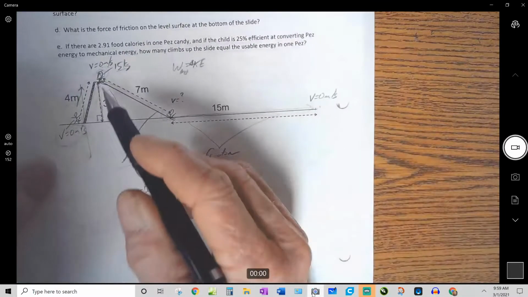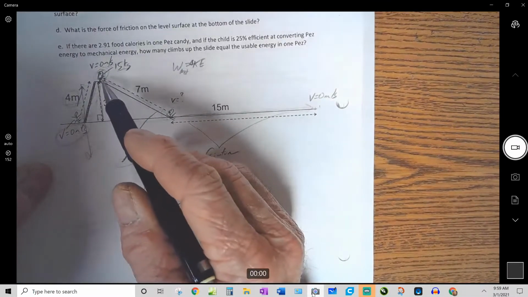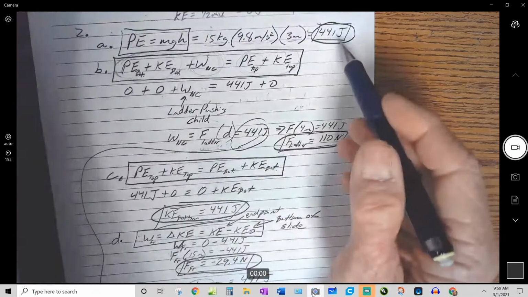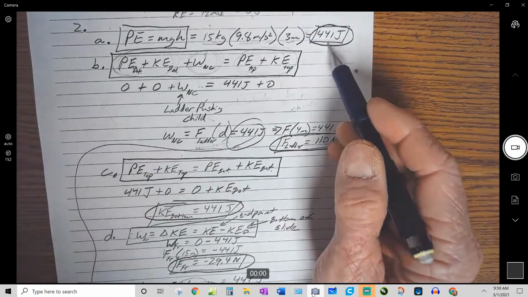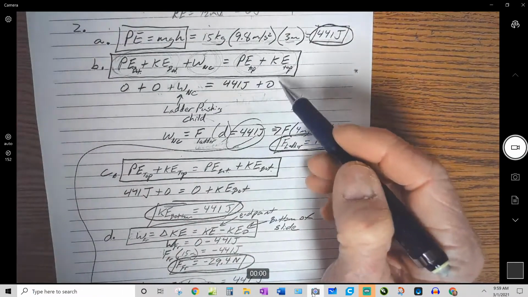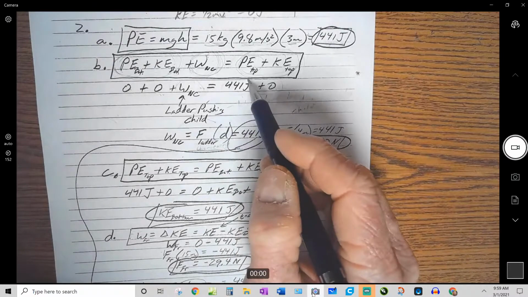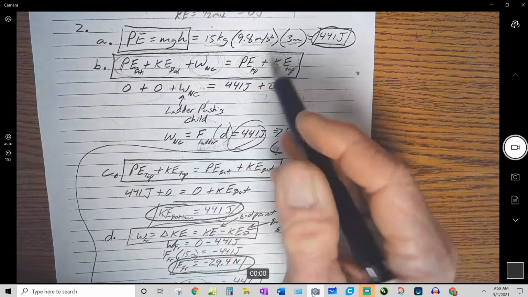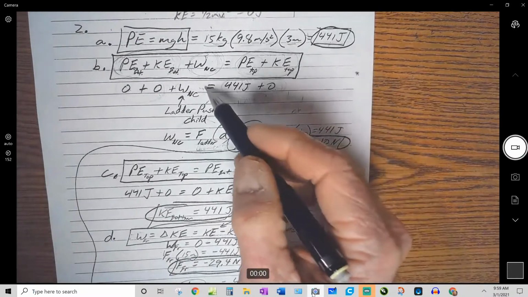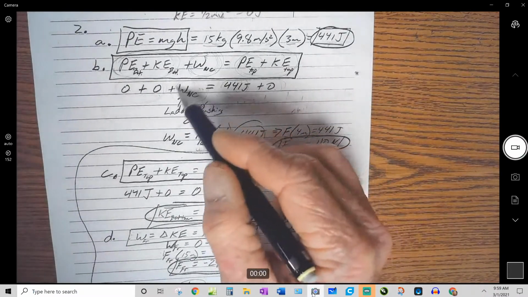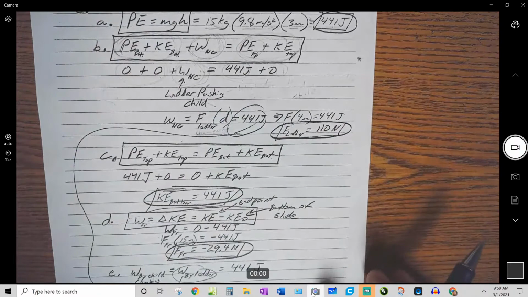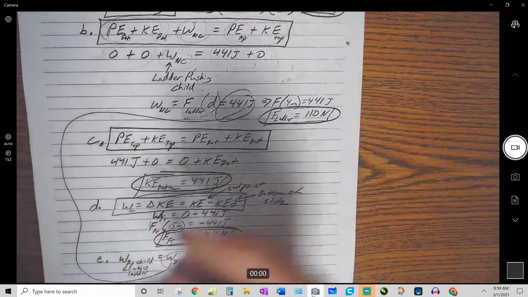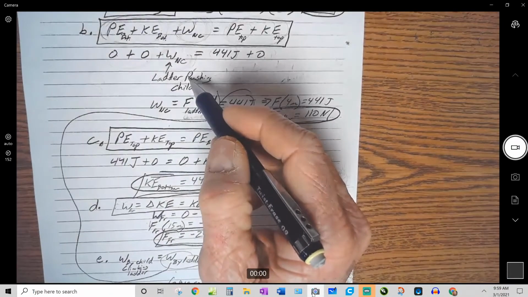And then at the top, the child has potential energy because of the height. We've already calculated that, 441, but no kinetic energy. So in the beginning, the child has 0 energy, and then the child has 441. So that 441 must be coming from work being done by something outside the system. So we're considering that to be the work done by the ladder pushing the child.